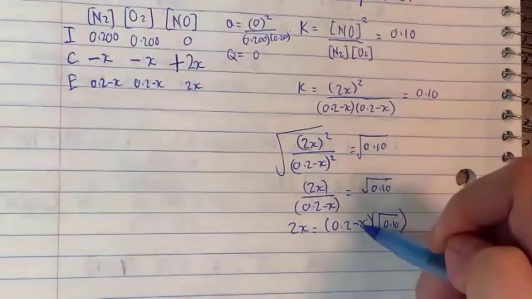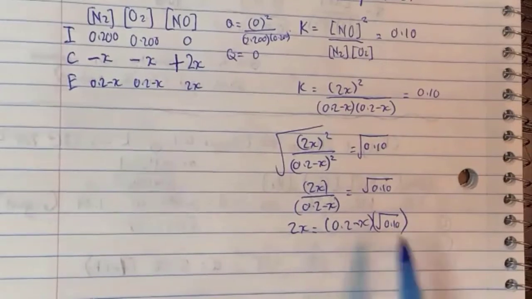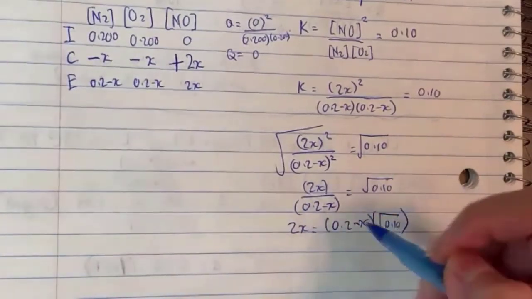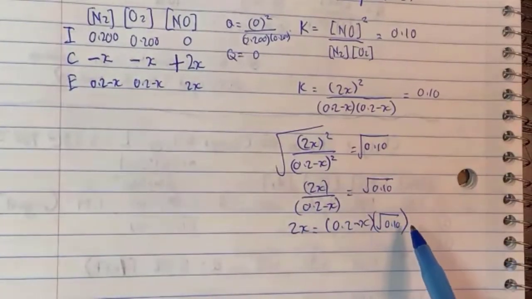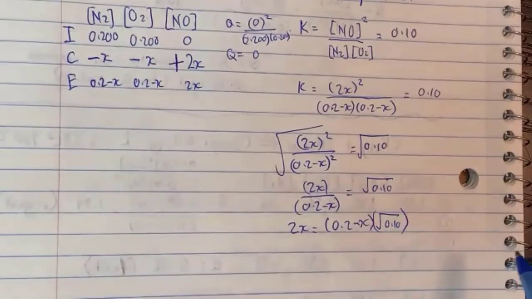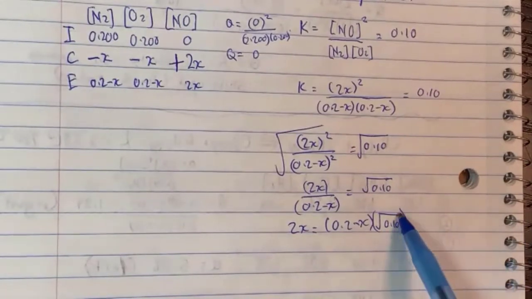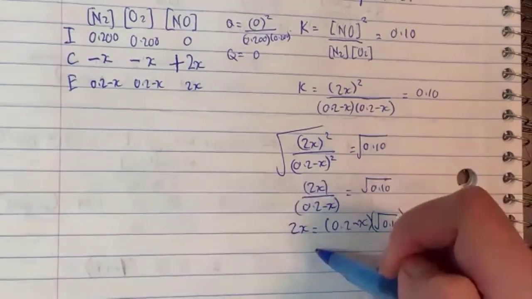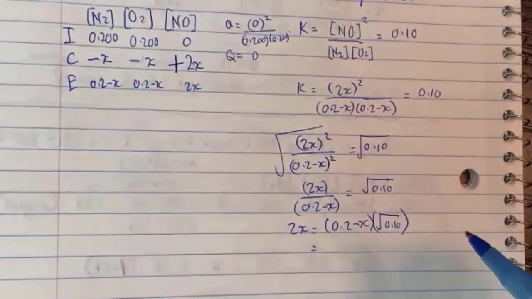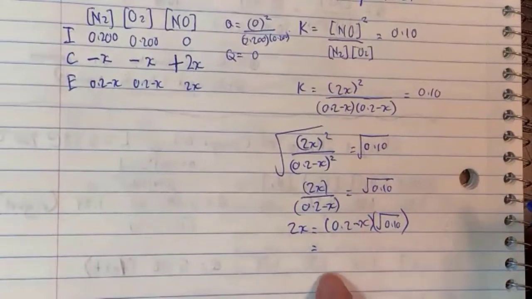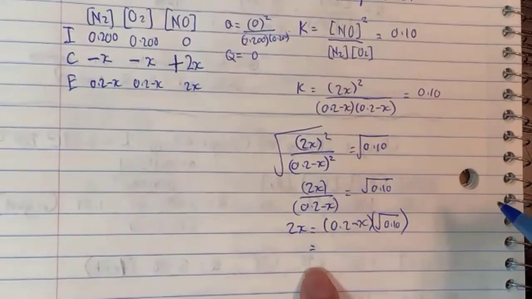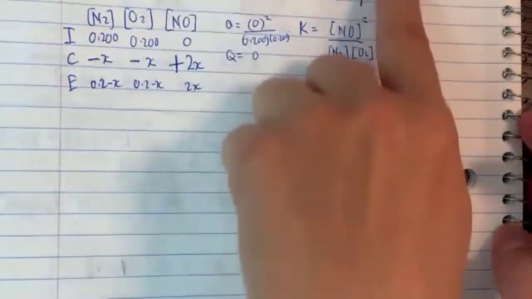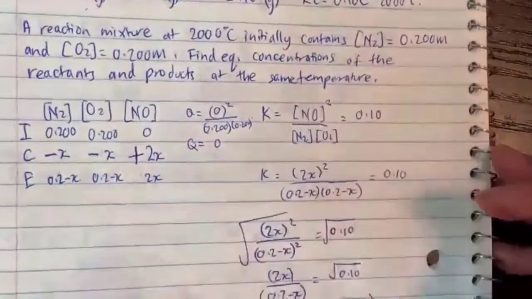Then I'm going to multiply them out. You can put the square root of 0.1 in the calculator and get the number, but since I know it's a long number, I'd rather just write it and use my calculator later. You do whatever you want. I try not to round till the end, but you can round anytime, because the K is only given to like 2 decimal places anyway.